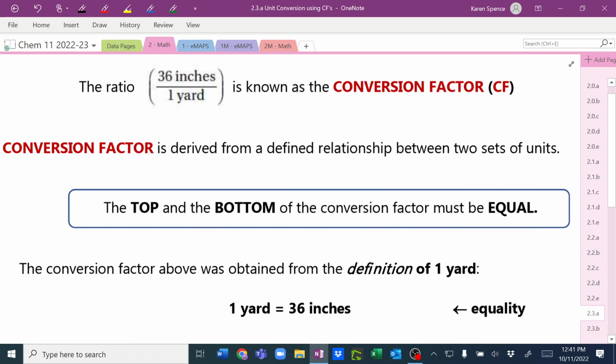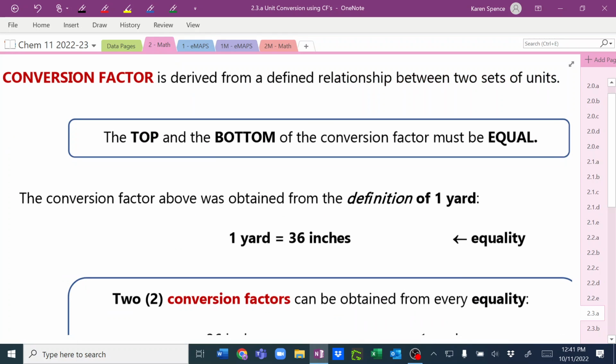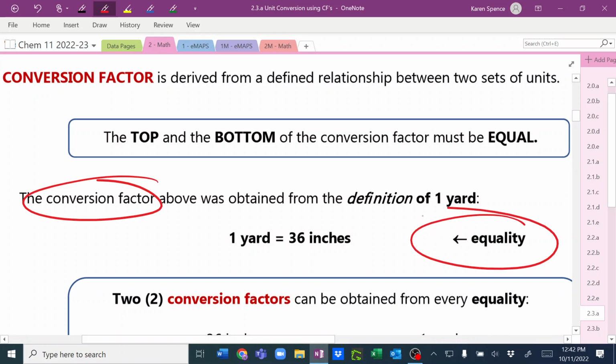Okay. So any conversion factor, as I said, has to be based on an equality. Two things which are equal. You can always write two different conversion factors from any equality.